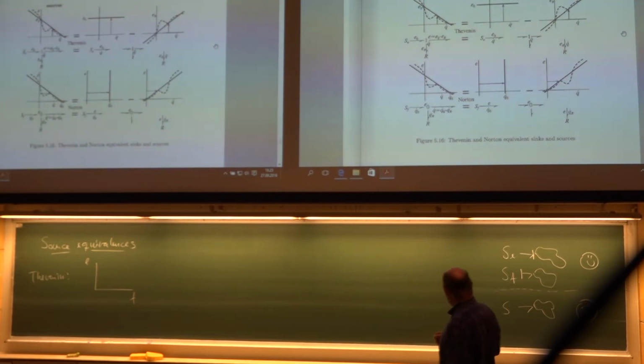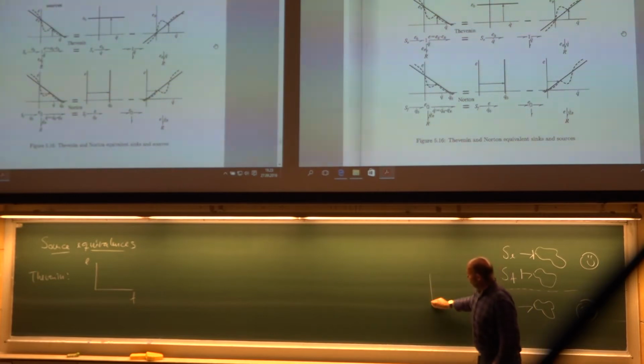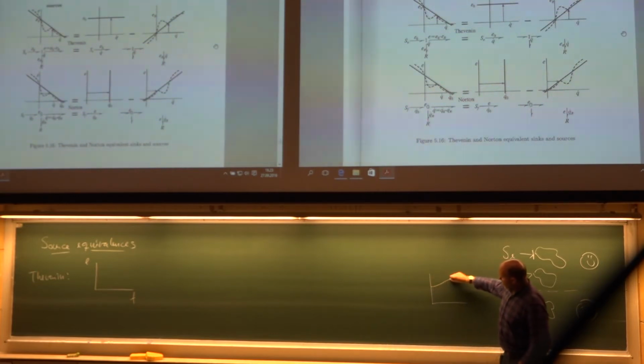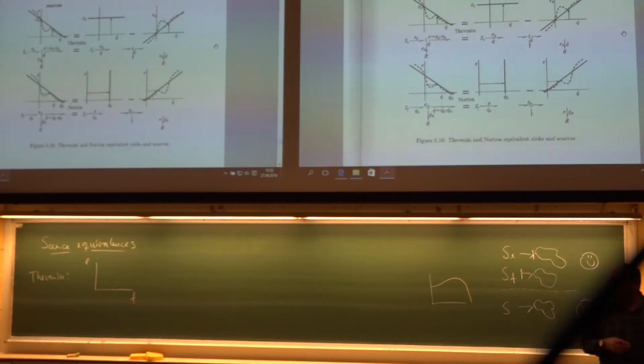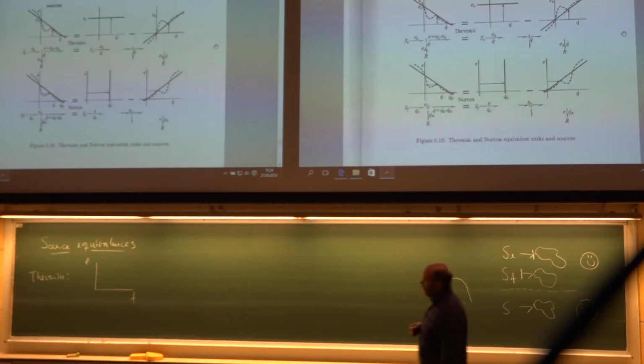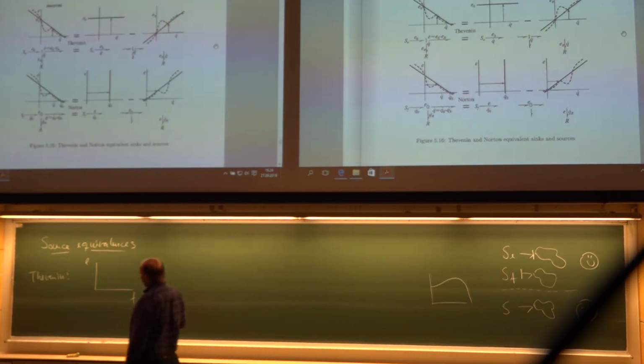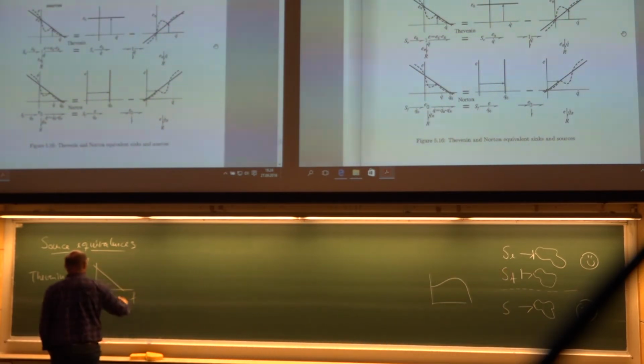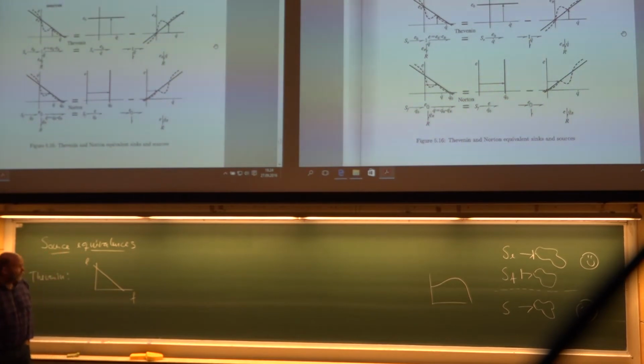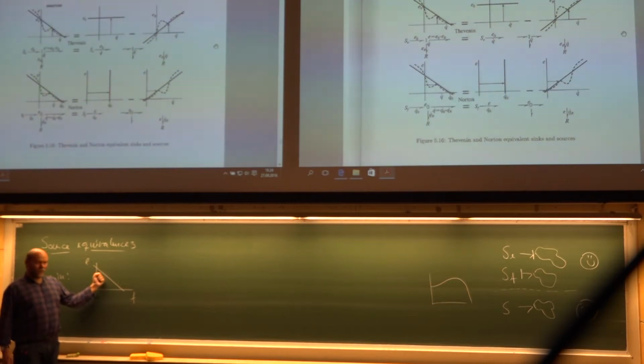If you remember exercise 2, where we had the motor, it went something like this. Not so easy to model that one. So if you have a linear connection, that's much easier. It can be modeled with a nonlinear, but let's start with the linear characteristics.